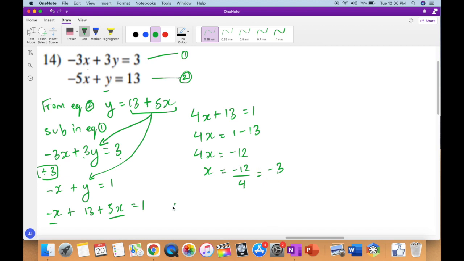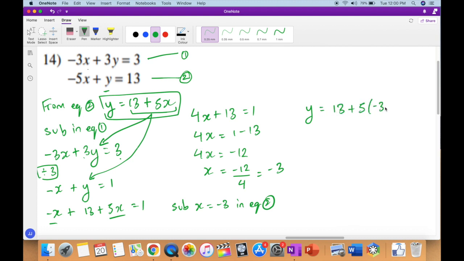So now I could sub x equals negative 3 into equation 2, and I always like to use this one here because it's already in a form that would give us y. So y is equal to 13 plus 5 times negative 3. y is equal to 13, 5 3s are 15, minus 15, which is negative 2, I believe.